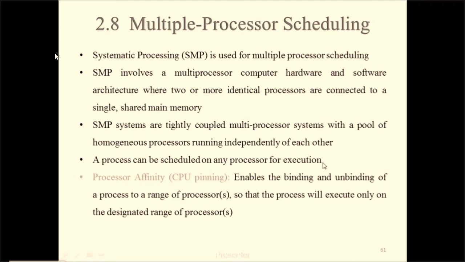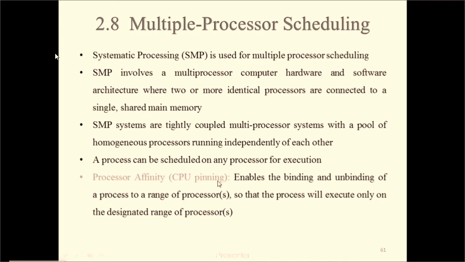But there are certain processes which say that no, I want only this specific CPU. Are you getting it? This line says that a process can be scheduled onto any processor, but there might be a few processes which have peculiar characteristics by which they are almost saying that any processor won't work for me, only this processor or this subset of the processors is okay for me. That is called processor affinity or CPU pinning.